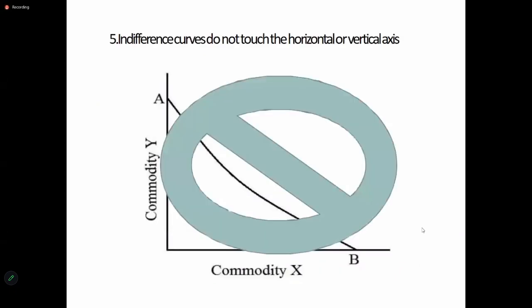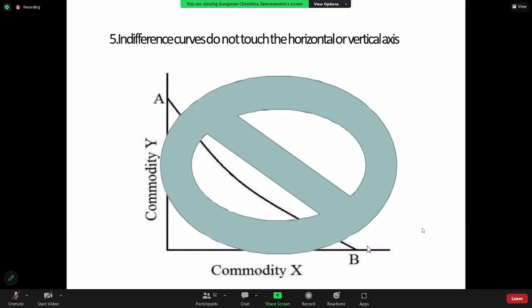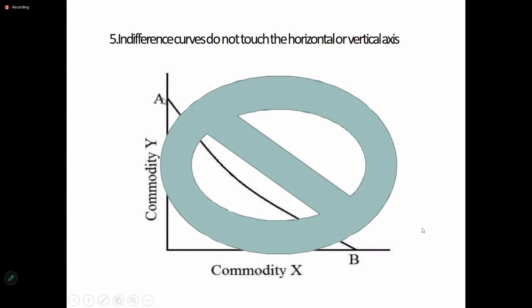Okay. And fifth one, indifference curves do not touch the horizontal or vertical axis. See, it will never touch.